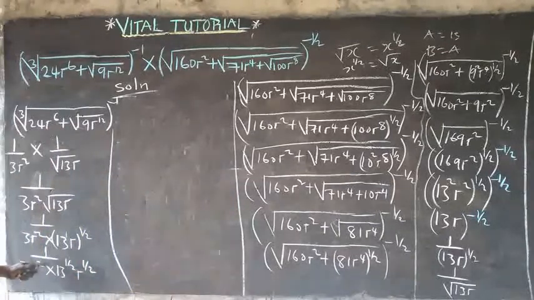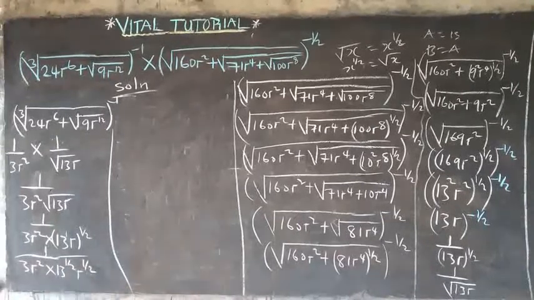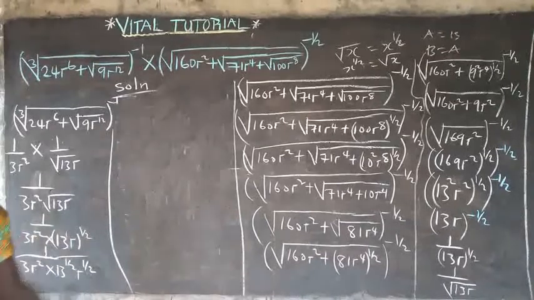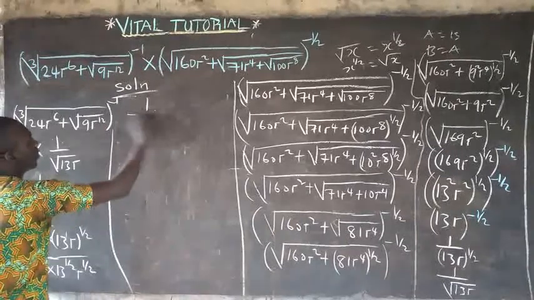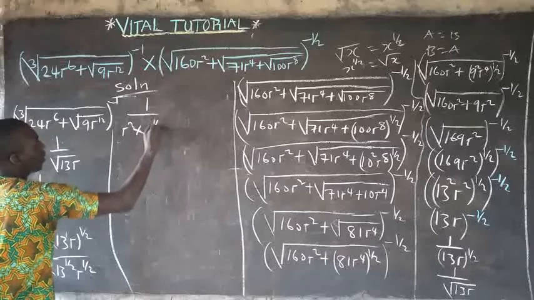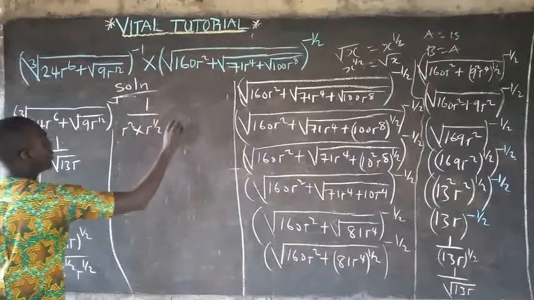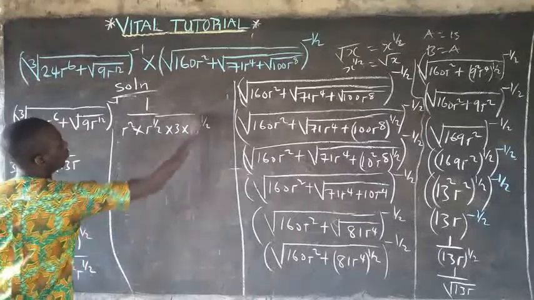So this is 1 all over 3r squared multiplied by, don't forget, this is 1 all over 3r squared. Now you can also write it as 1 all over 3 times r squared times r to the power 1 all over 2, multiplied by 13 raised to the power of 1 all over 2.